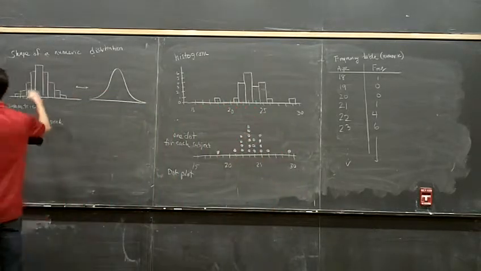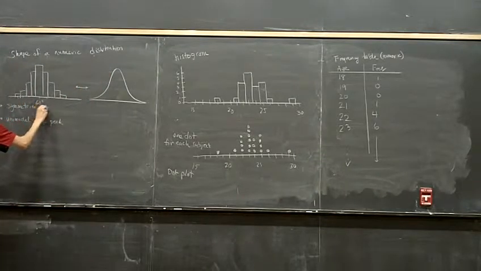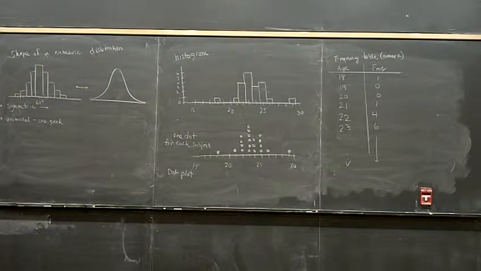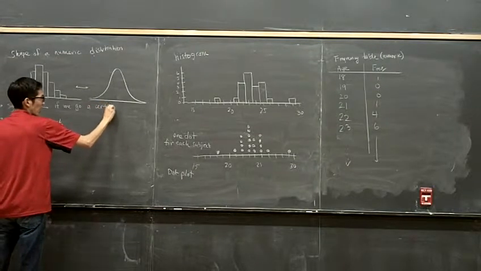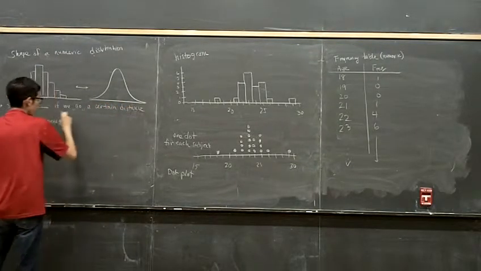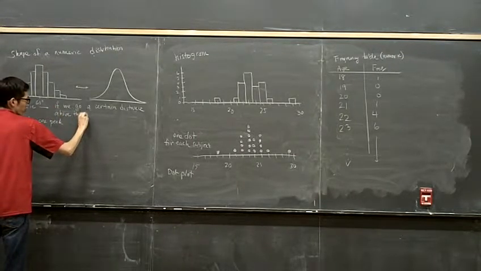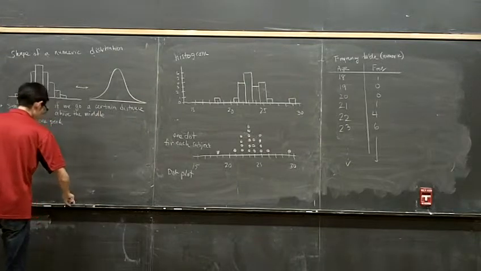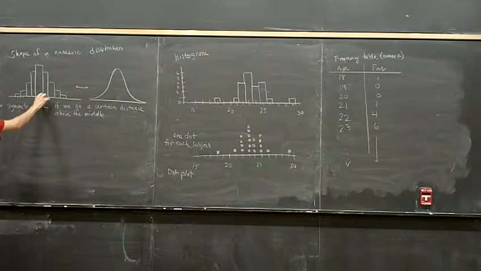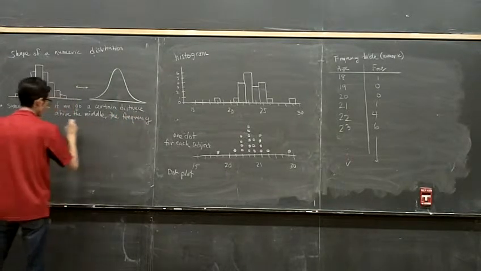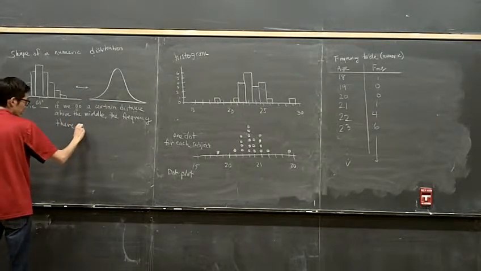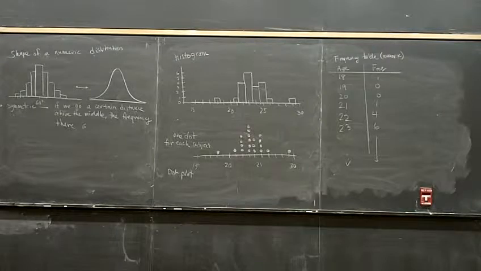Symmetric, the idea of symmetry here, in the case of numeric distributions, means if we go a certain distance above the middle, say 5 inches, the frequency I encounter there is about the same as if I went the same distance below the middle.